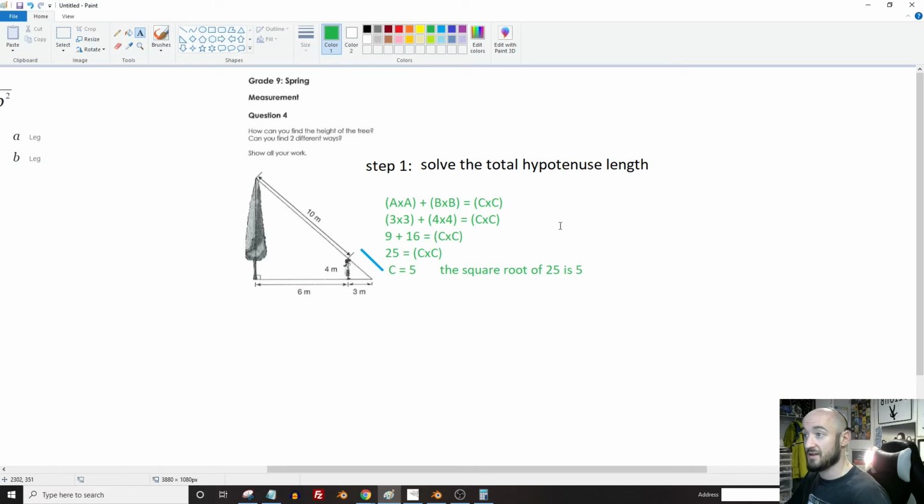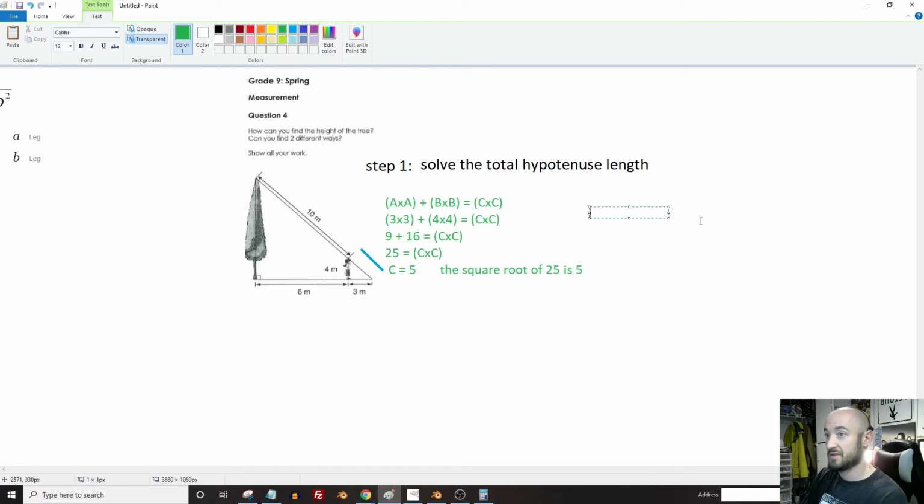So we have 10. So our total hypotenuse is equal to 10 meters plus 5 meters, the number we calculated.